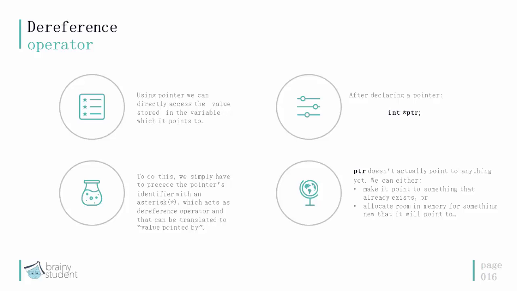So it can point to an already existing variable, or if you create a new variable, then also you can make it point to that particular variable. Just by defining int star ptr, it will not point to anything. That time it will be a normal pointer variable. You have to make it point to something. Fine. That we can do by providing an address.